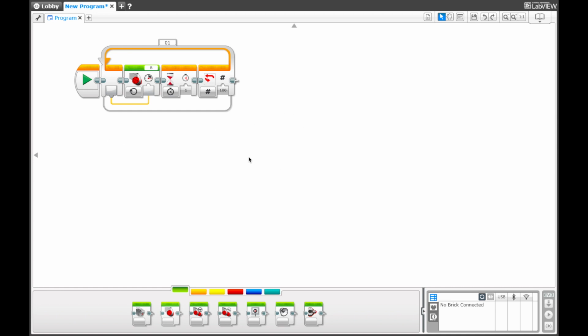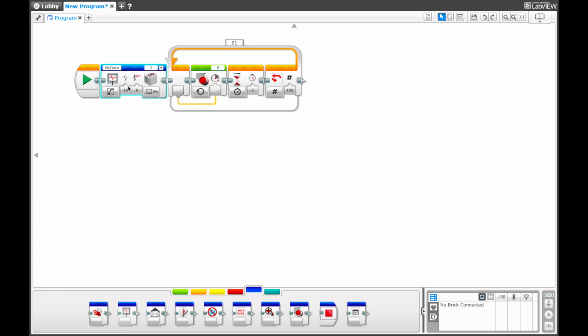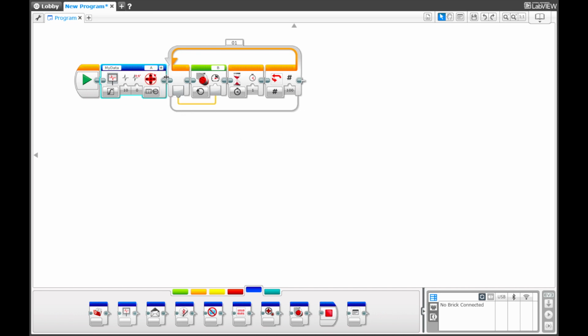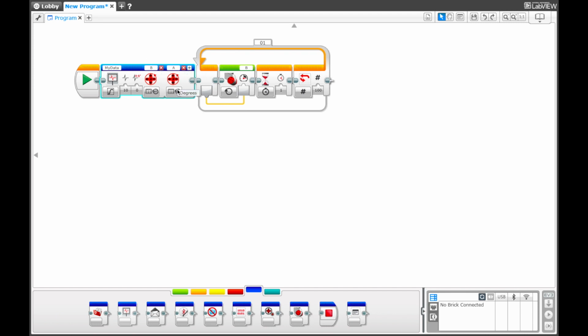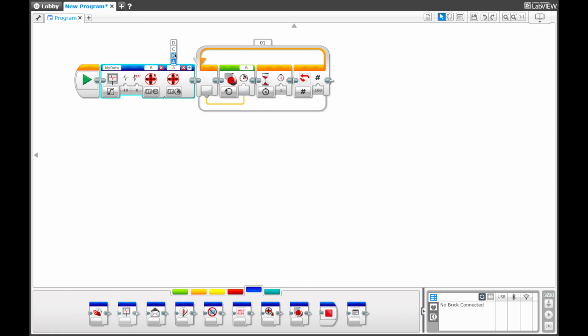So we will have a gradual power increase here on the motor B. And during that time we will be data logging, and we will be logging the motor rotation in degrees of port B. Of course, we will also be logging the motor power at port B. So we will be logging power, actual power, and degrees over a 100-second loop where we increase the power every time, and then from there we can derive what power and speed really means within LEGO Mindstorms.